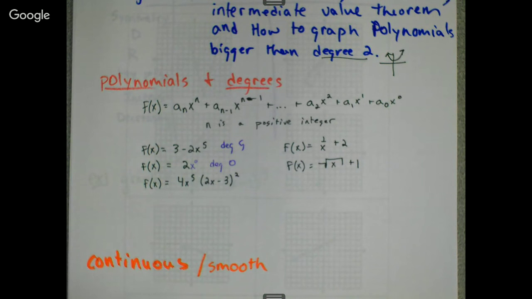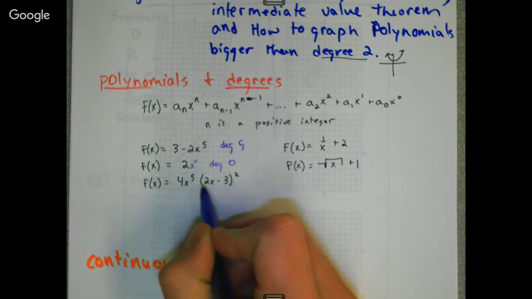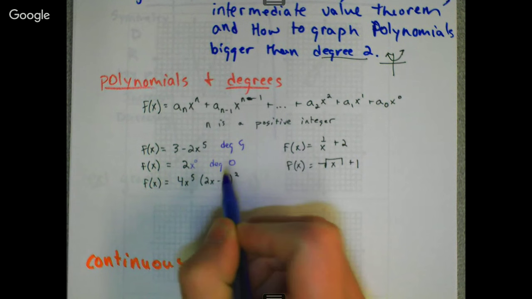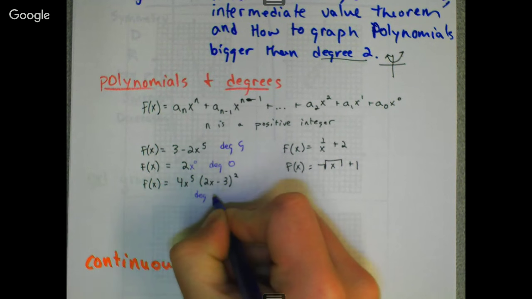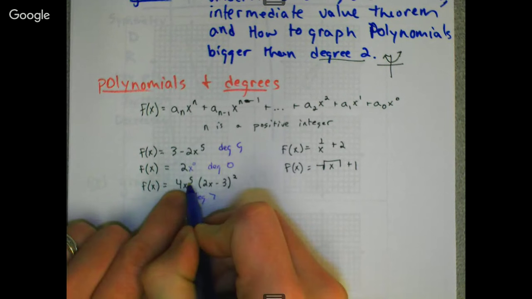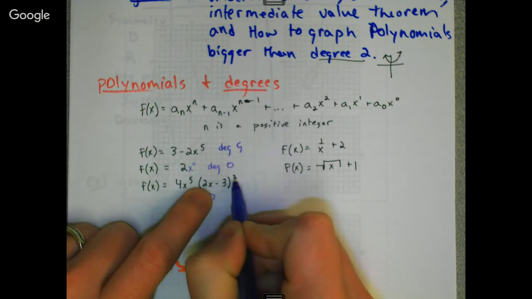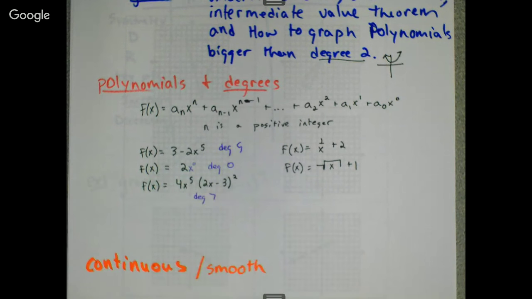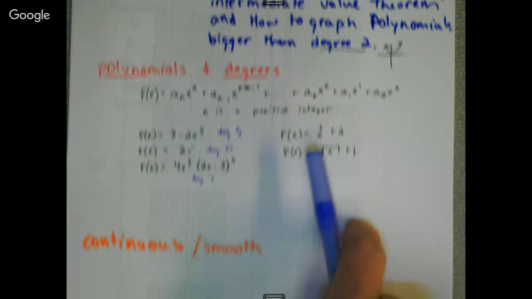And then this last one here, we would have to FOIL this and distribute. When you got all that done, it's actually degree 7, because you get 5 from here, and then when you take that times this squared, you'll get a total of 7. So we'd want to distribute that and get that out. Okay, so degree is the highest exponent there.